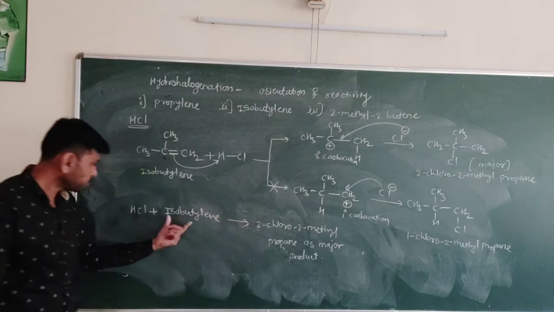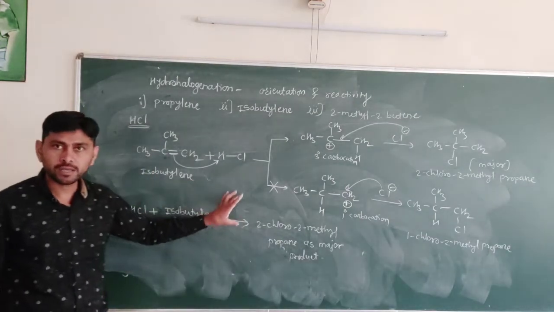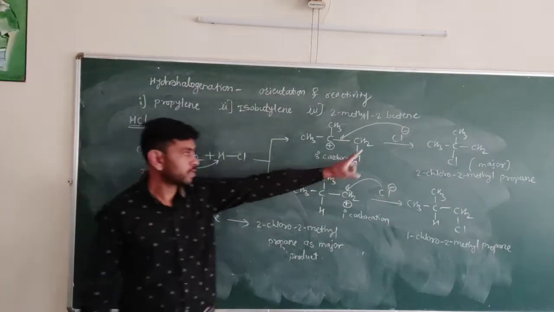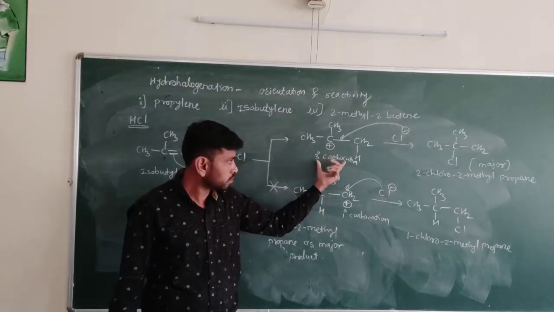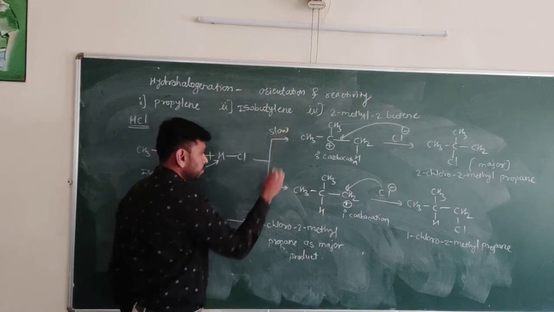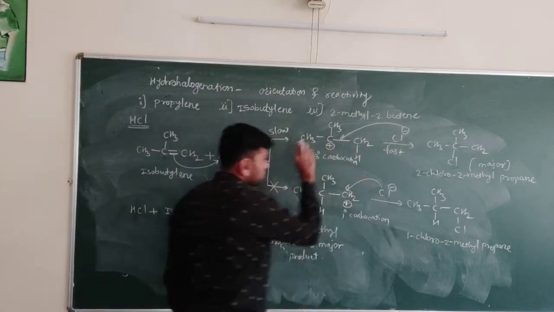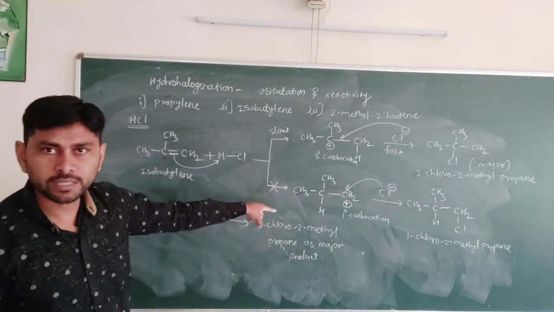You must know the structure of isobutylene. Sometimes they directly give the names and you have to find the structures and the cause to obtain the major product. The cause is only there. The first step is the slow step, and the second is a fast step. In the slow step, carbocation formation takes place.